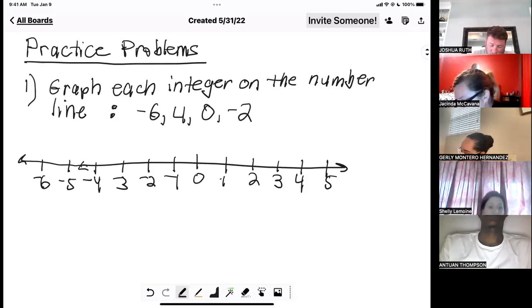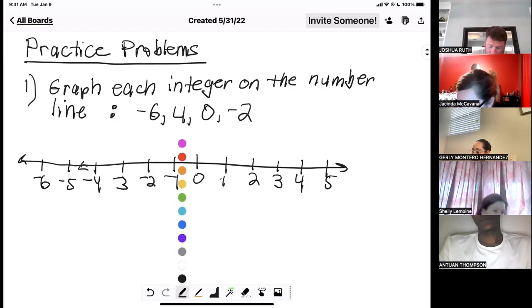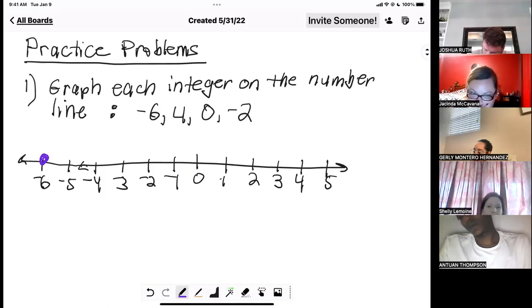And when you graph an integer on a number line, it's just a point. I'm going to change the color so you can see it better. So if I graph -6, it's just a point on -6. I'll make it real big too so you can see it.